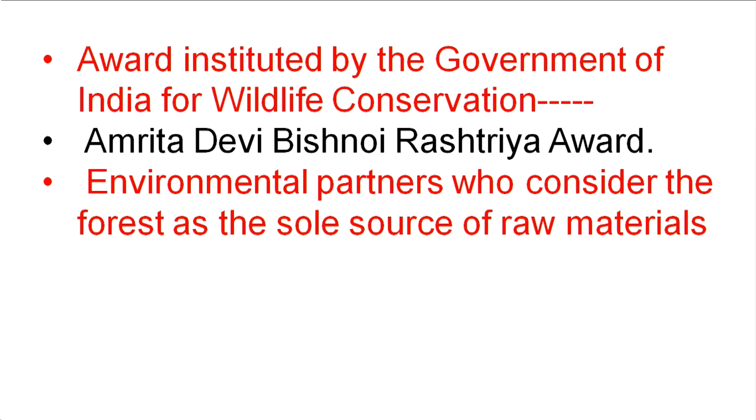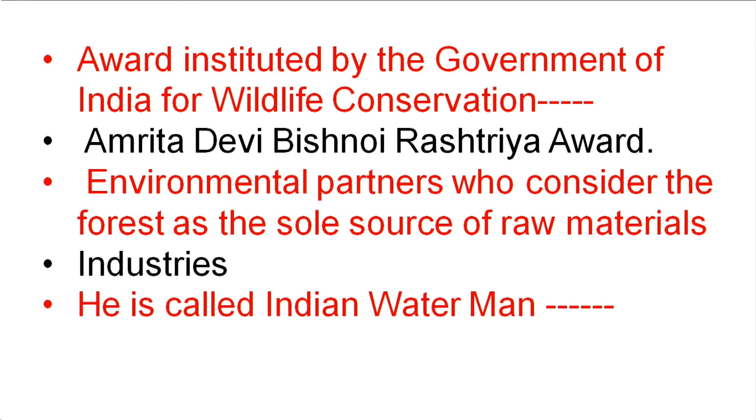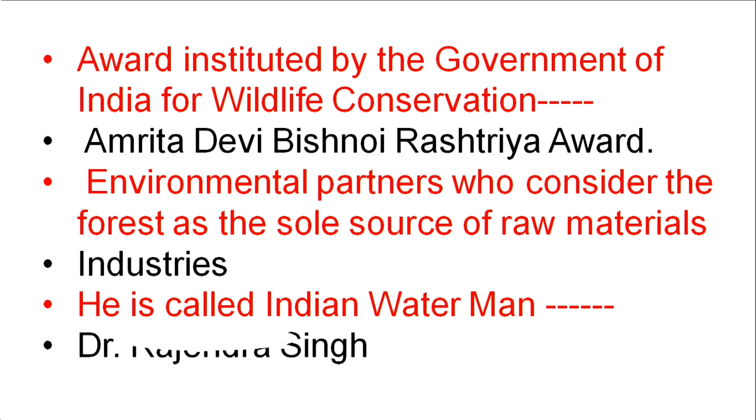Next question. Environmental partners who consider the forest as the sole source of raw materials. Who is the partner? He is the industries. Next, he is called the Indian Waterman. His name is? Yes, he is Dr. Rajendra Singh. Okay, good.